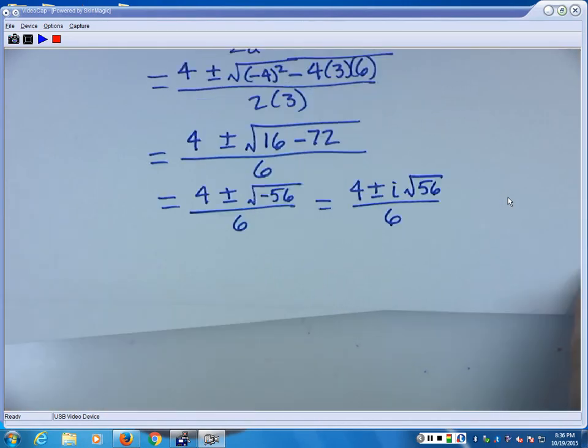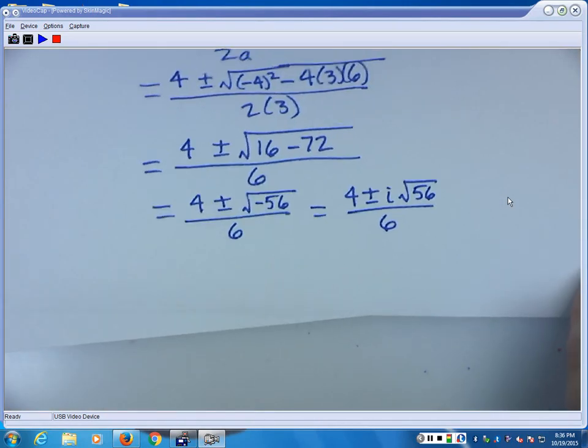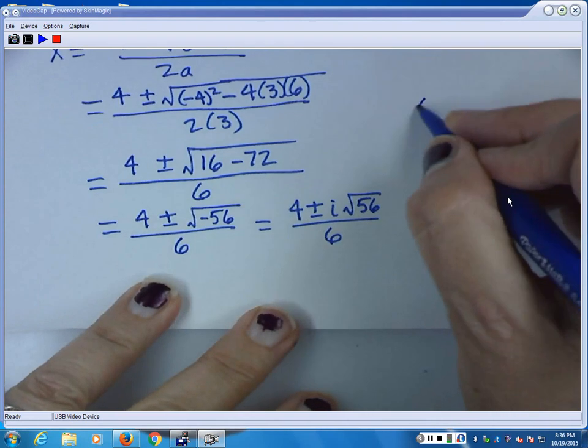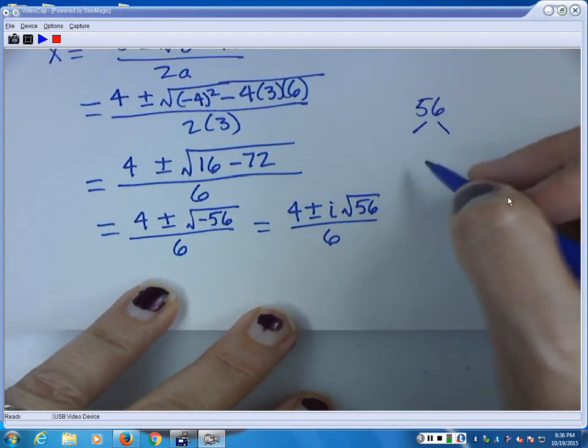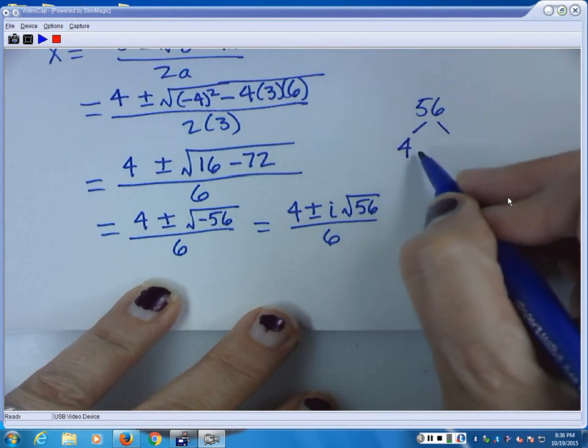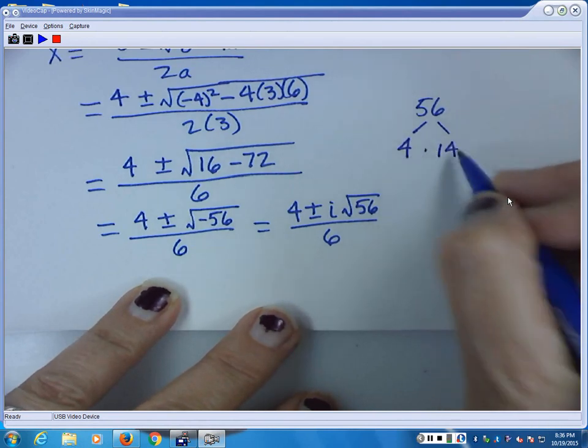That's not your answer quite yet. You do have to simplify. 56: what is the biggest perfect square that goes into it? 4. 4 times 14 is 56.